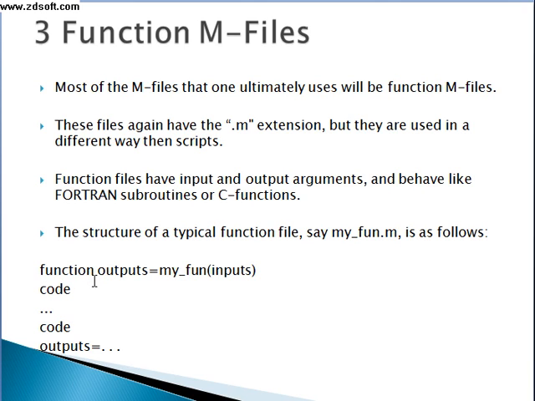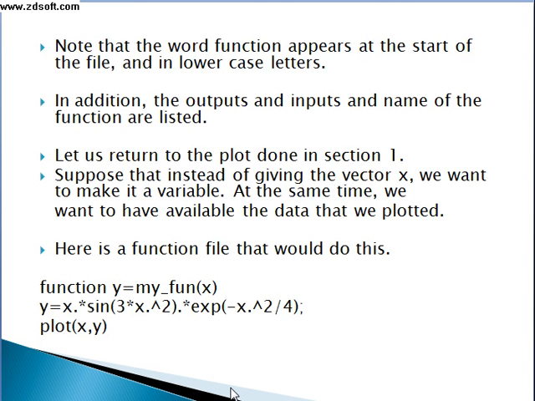Then write the outputs equal to file name, that is myfunc, and give the inputs, and then the code whatever you want, and at the end the output you wish. Now note that the word function appears at the start of the file and in lowercase letters only. In addition, the output and input and the name of the file are listed here.